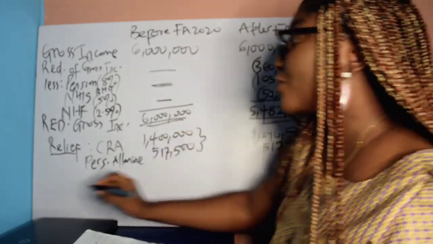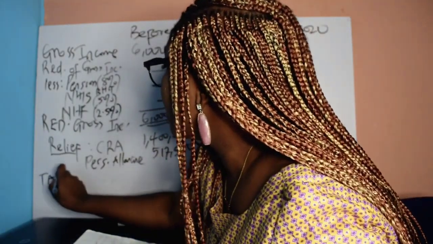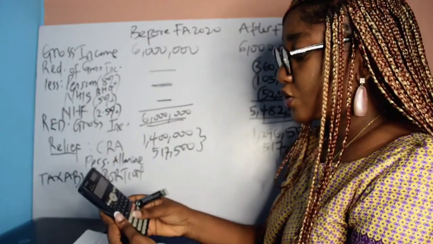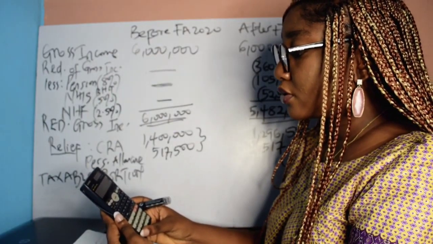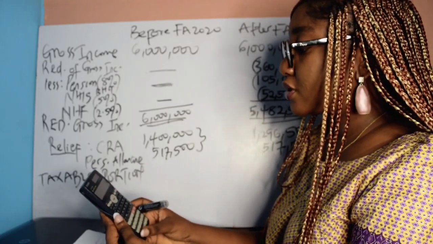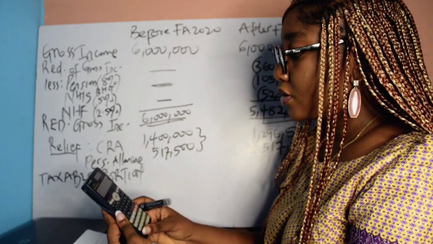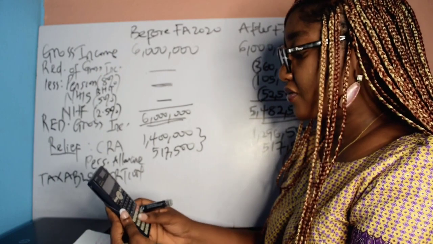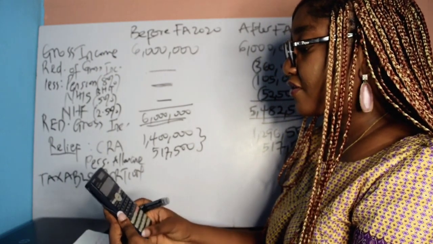Now to know your taxable amount, taxable portion. So 6 million minus 1.4 minus 517,500.